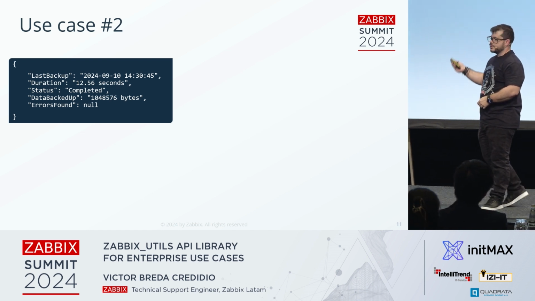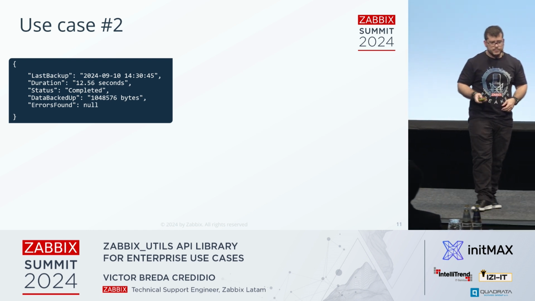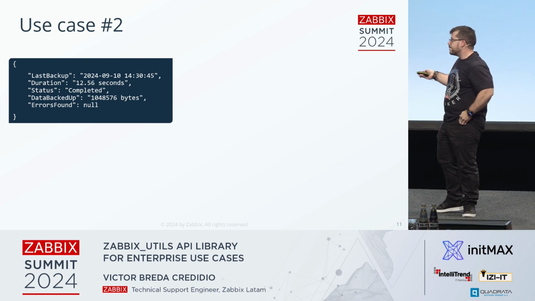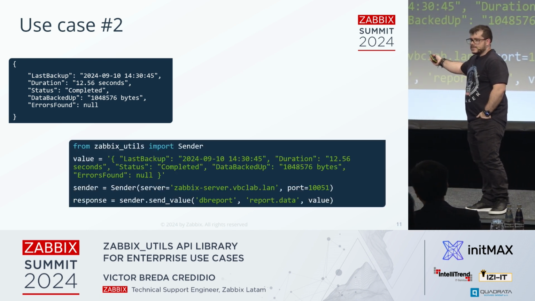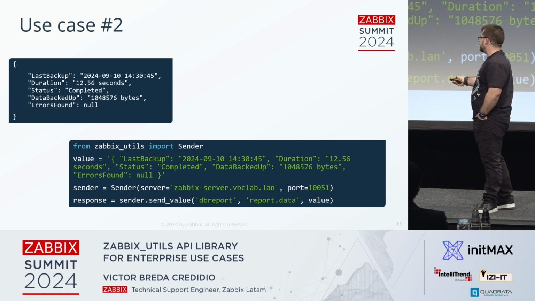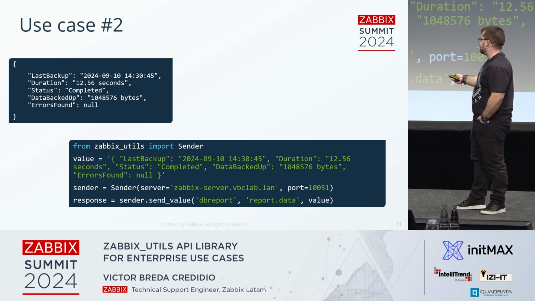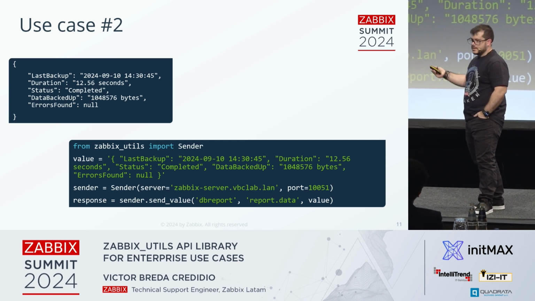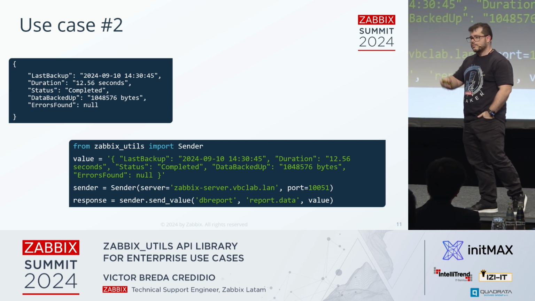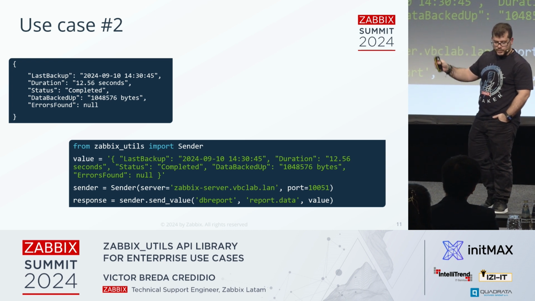This is an example of what I'm talking about. I have a simple JSON here with all the information from a backup. And this is just a really small script that works for this. Instead of this variable having a static value, this value can be the output of the backup or of whatever kind of script you are running.